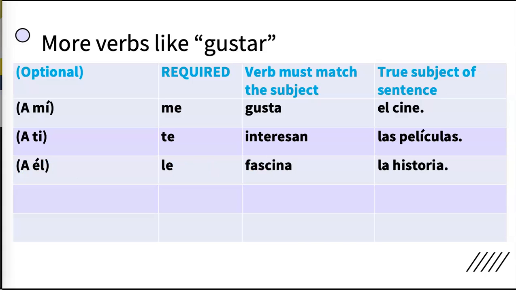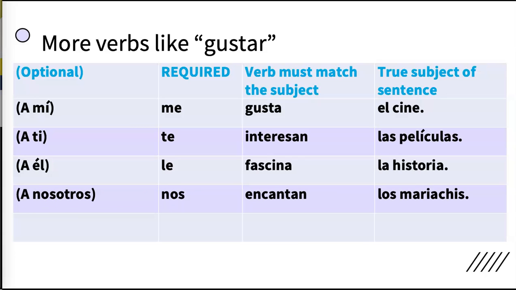A él le fascina la historia. Fascinar is another verb like gustar. What does it translate to? He is fascinated by history. A nosotros nos encantan los mariachis. Encantar is another verb like gustar.